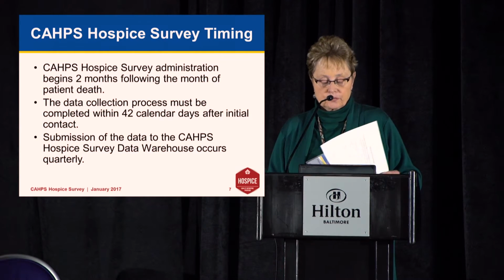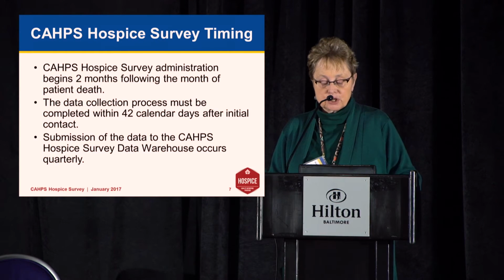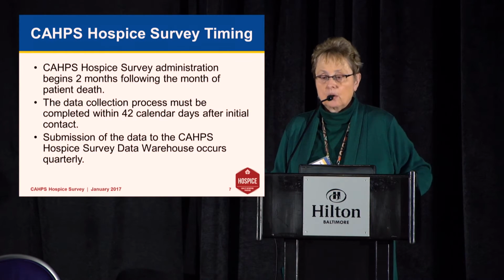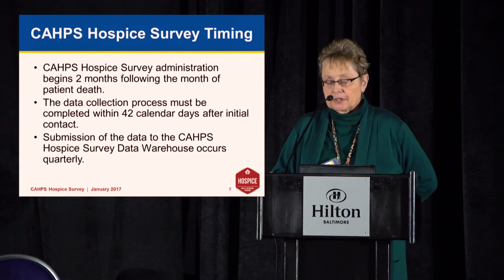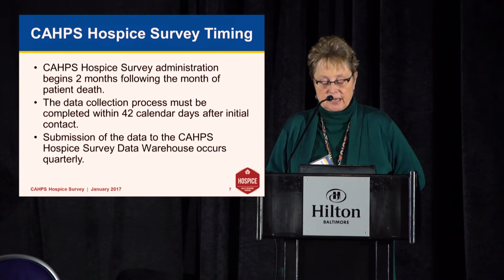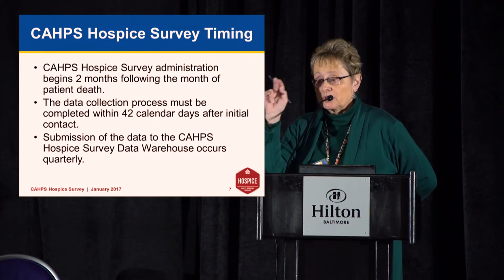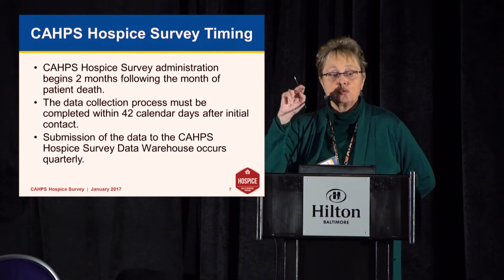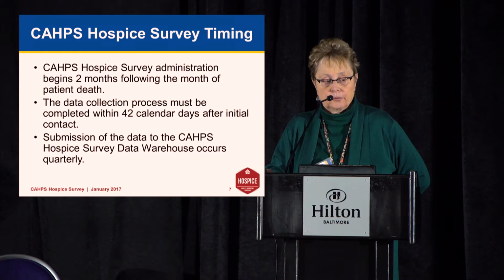Data collection occurs for 42 days, and it is followed by data submission to the Hospice CAHPS data warehouse. The next data submission deadline to the Hospice CAHPS data warehouse is February 8th. However, don't worry, you as hospices don't submit the data. Your vendor submits the data for you.